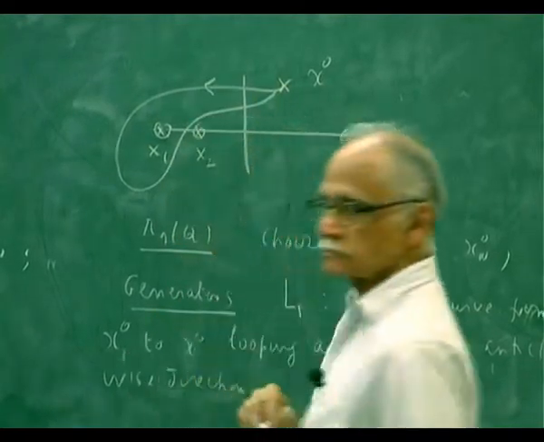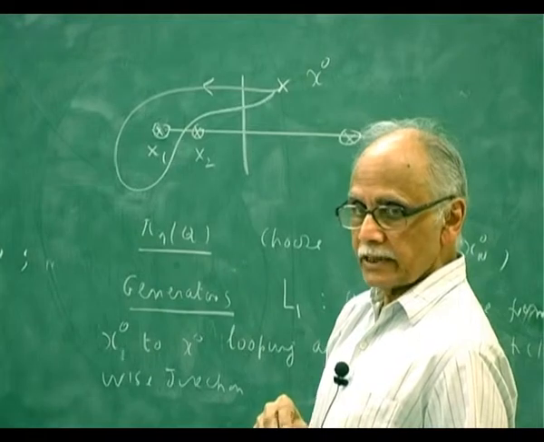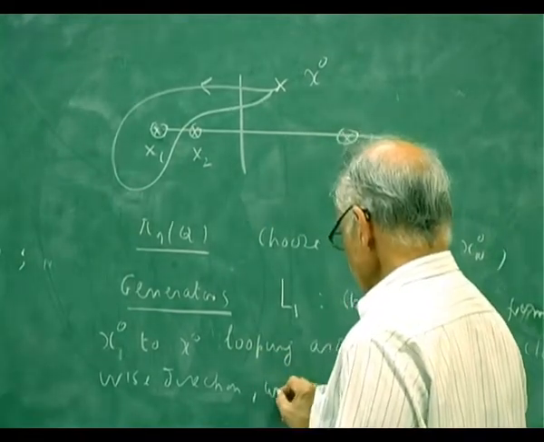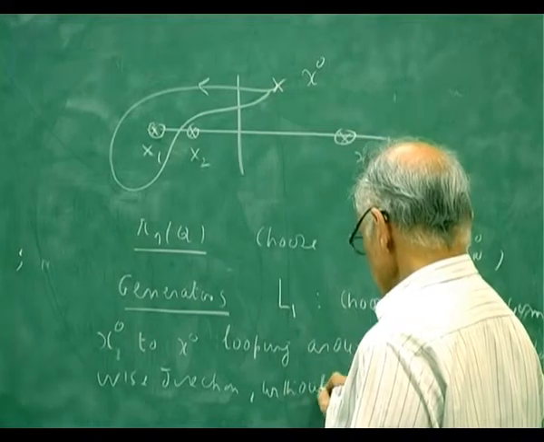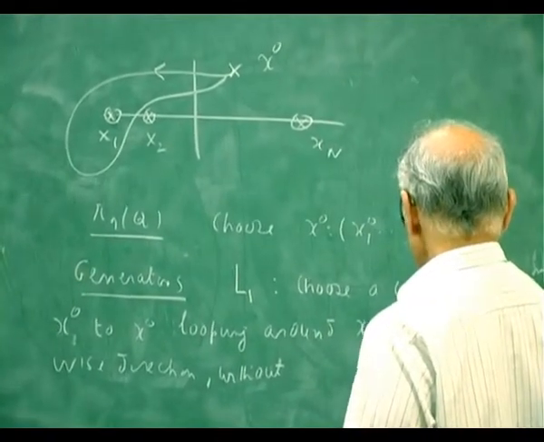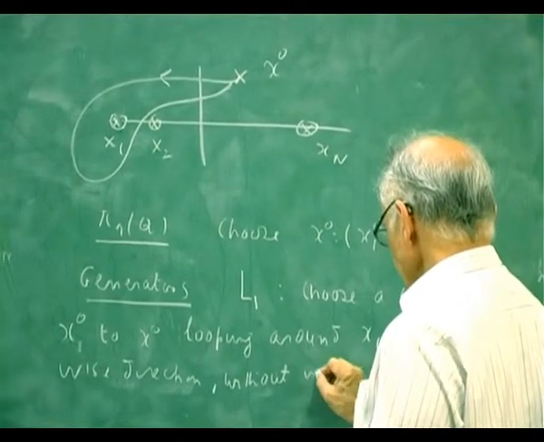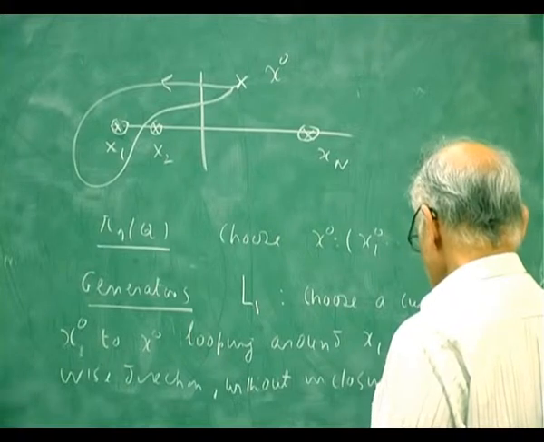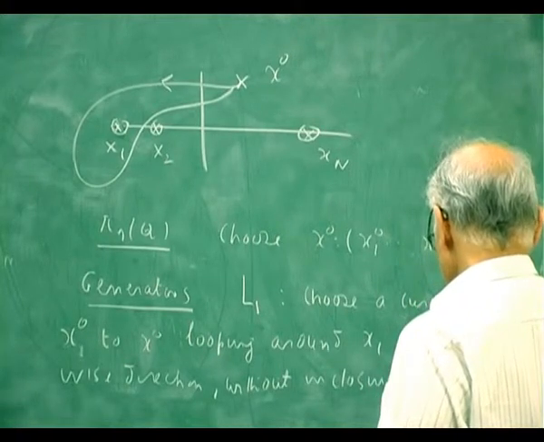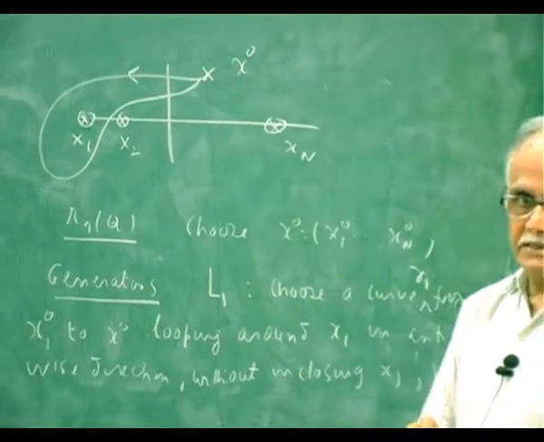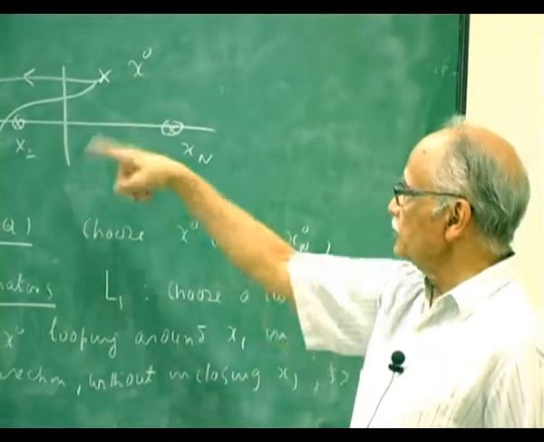Okay. It does not enclose other points. Choose a curve gamma 1 without enclosing xj, j larger than 1. So none of the other points are inside it. So it is a loop like this.